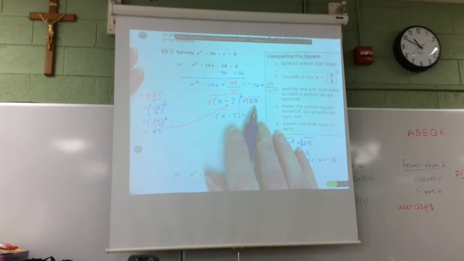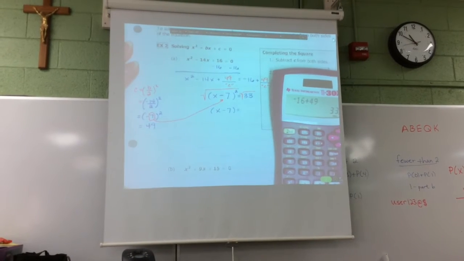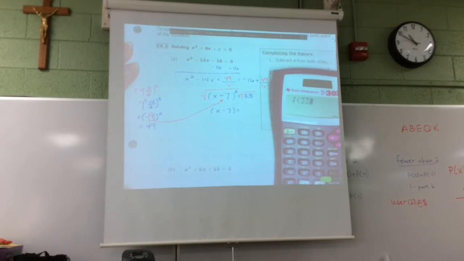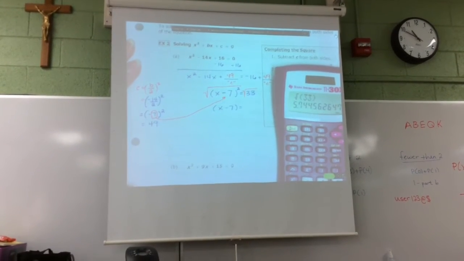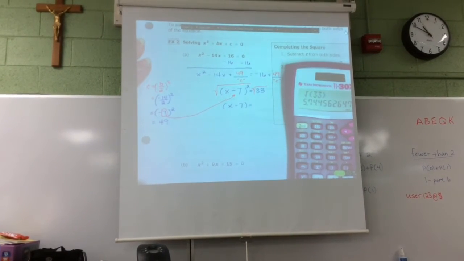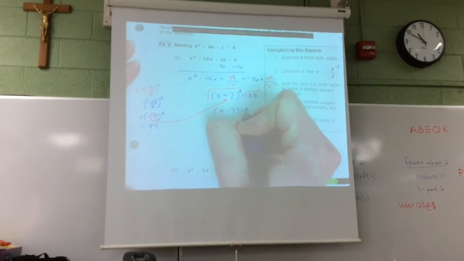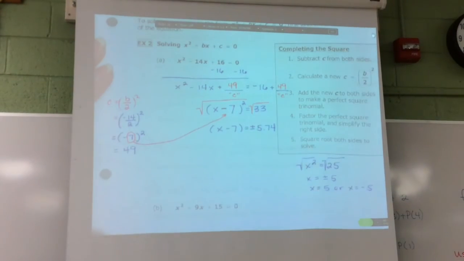We don't know what the square root of 33 is, so we're going to have to use our calculator. So let's go ahead, square root of 33, and look at it, it gives you a decimal. Give me 2 decimal places. That will be enough. Okay? So out of this, I'm going to use 5.74. So this is plus or minus 5.74.